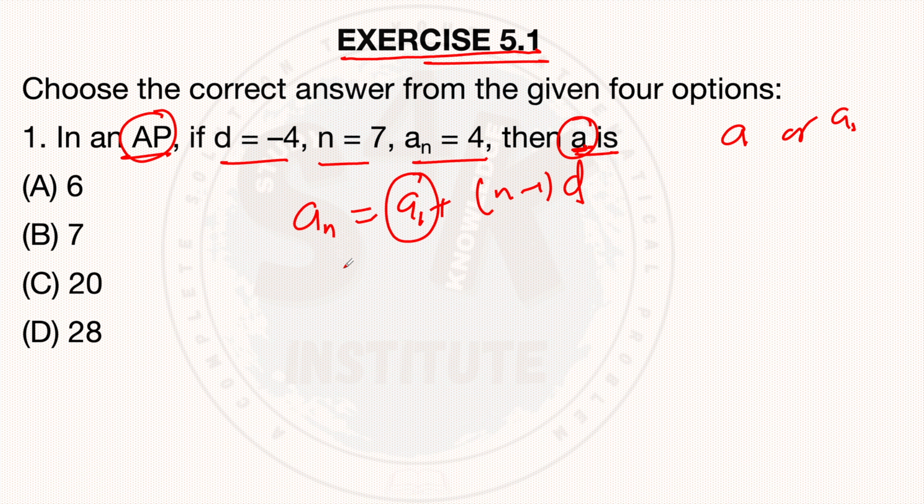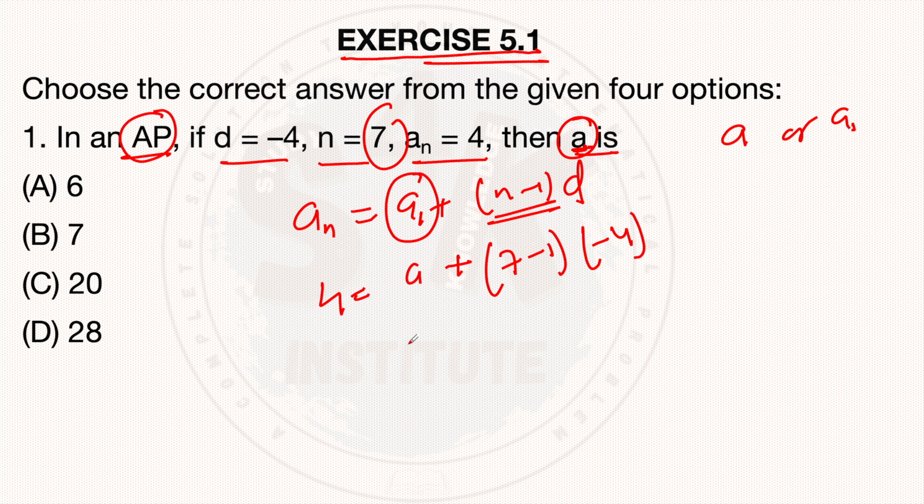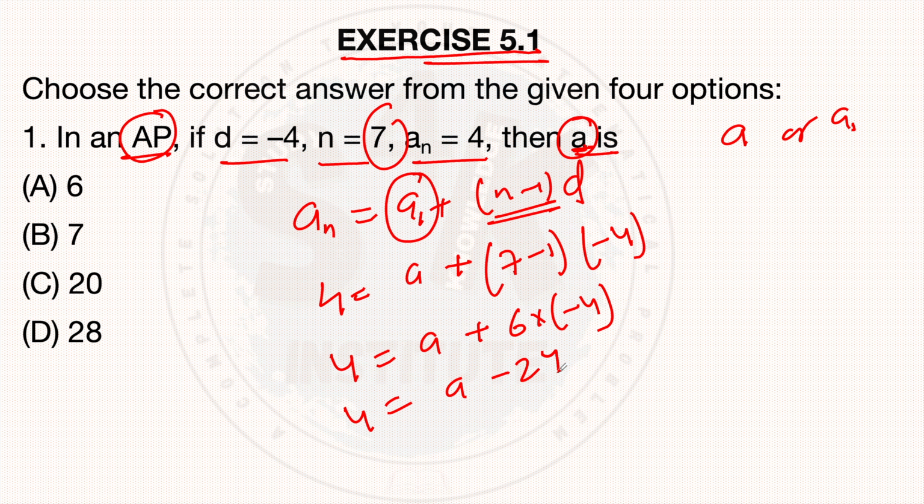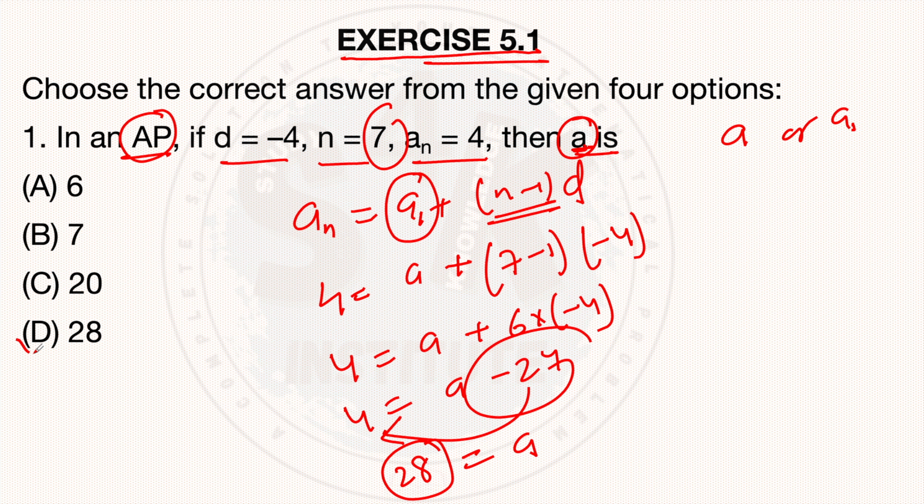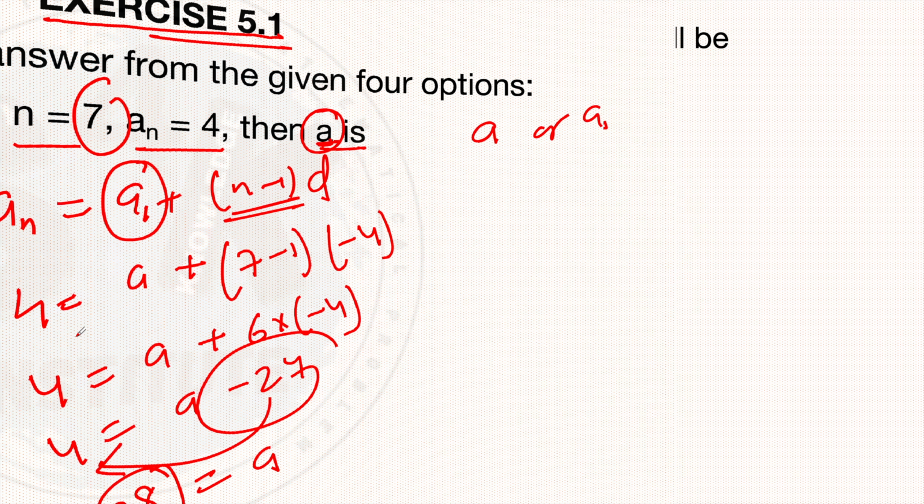Okay, so you know every value, like you know an is 4, a1 you don't know, let's put it as a, plus n is 7, 7 minus 1 will give you 6. And d value is given to you as minus 4. So 4 is equal to a plus 6 times minus 4, that will give you a minus 24. If you transfer this minus 24 to this side, you will get a value as 28. 4 plus 24 will be 28. Answer is D. Okay, let's do the next question.